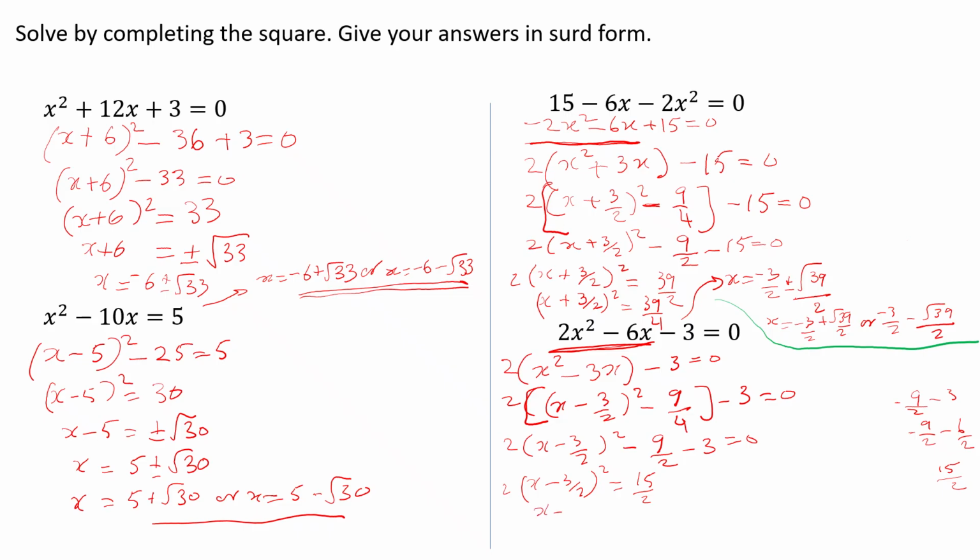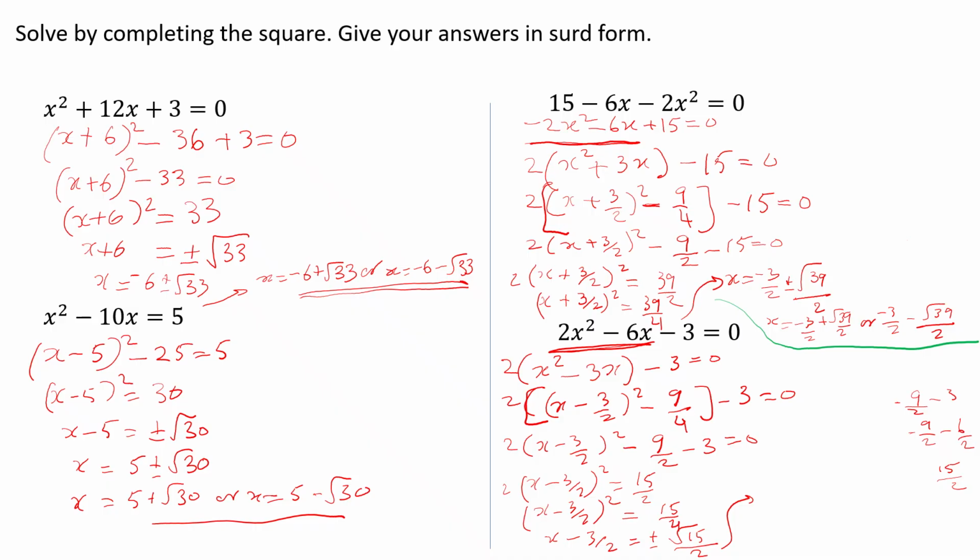So (x minus 3 over 2) squared equals, divide by 2 both sides, 15 over 4. So x minus 3 over 2 equals plus or minus, take square root of both sides, root 15 over 2.